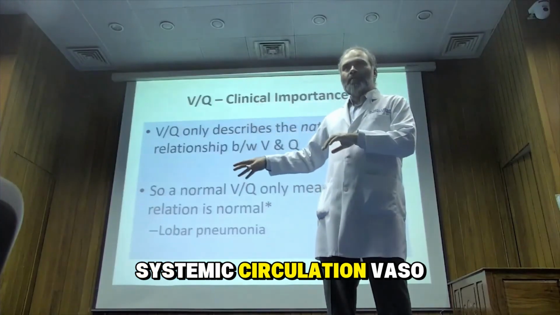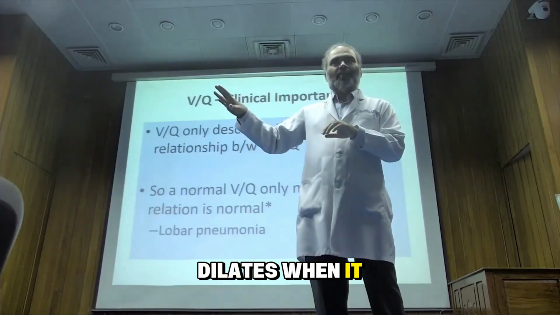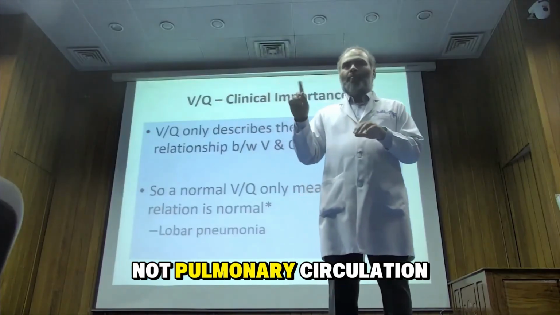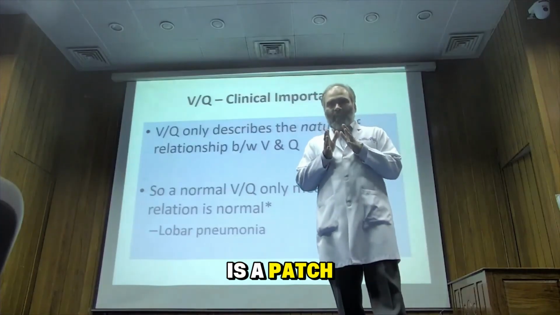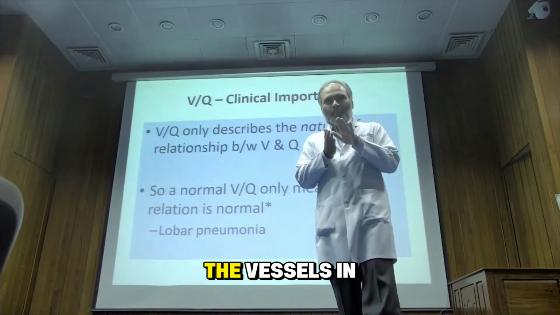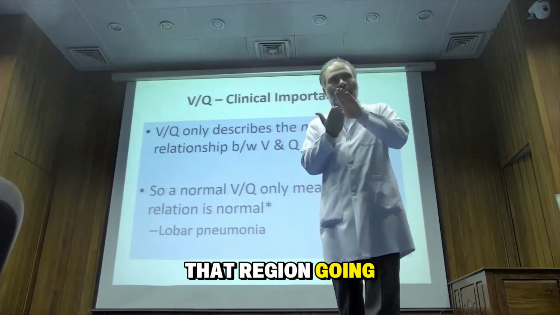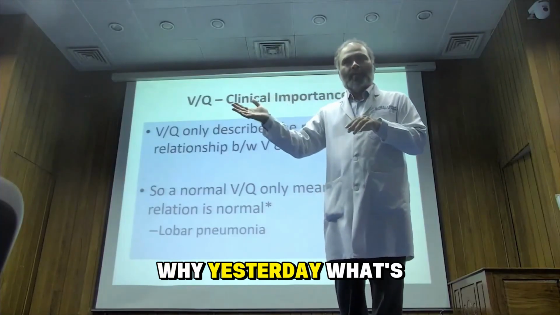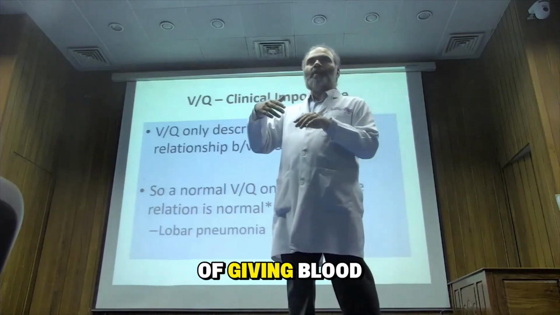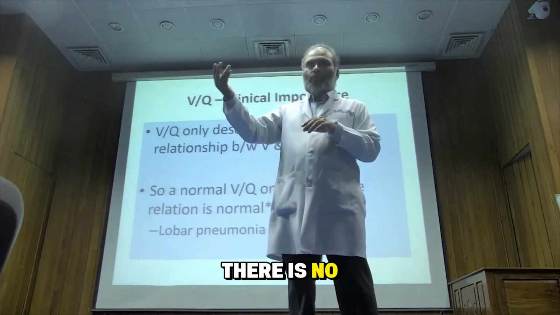Systemic circulation vasodilates when it faces hypoxia, not pulmonary circulation. In pulmonary circulation, wherever there is a patch of hypoxia, the vessels in that region go into vasoconstriction. Why? We said why yesterday. What's the point of giving blood over here when there is no air?